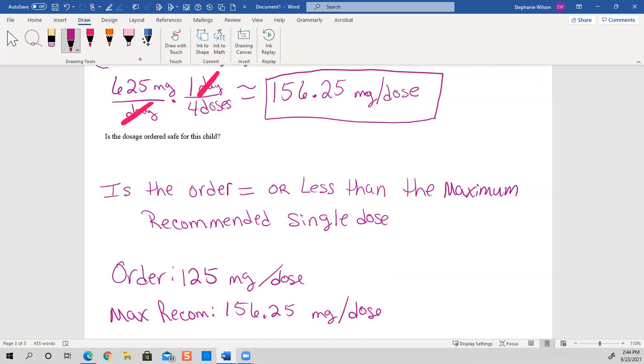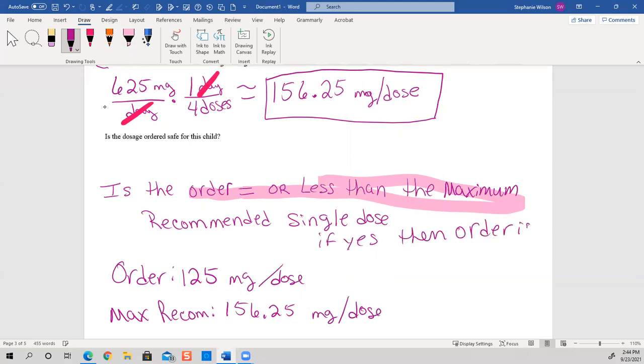The question clearly says, is the order equal to or less than the maximum recommendation? If it is, guys, if yes, then the order is safe. Well, let's look at it. The order is 125, so it's not equal to.